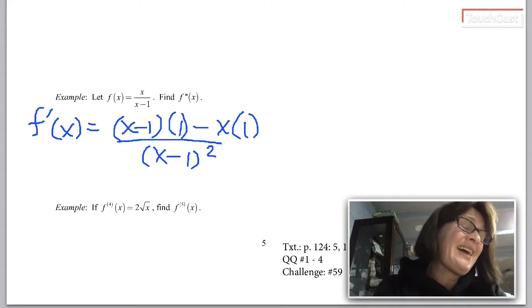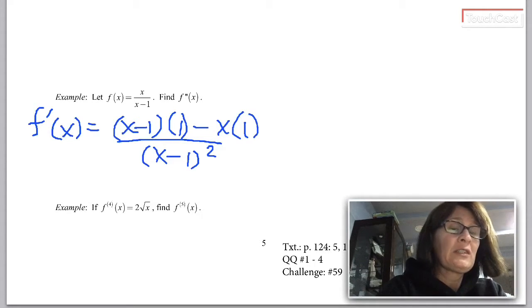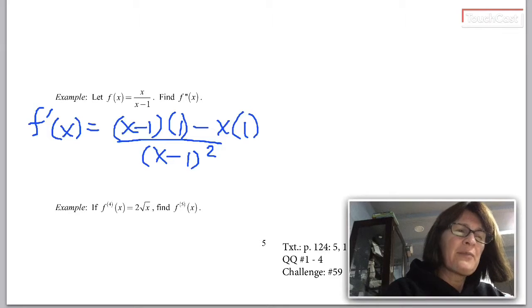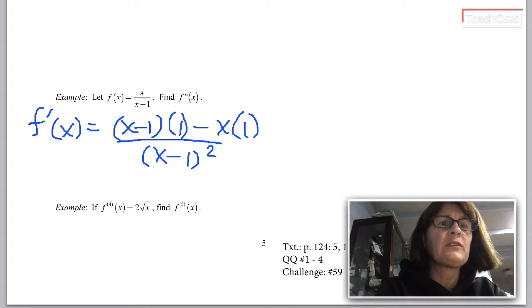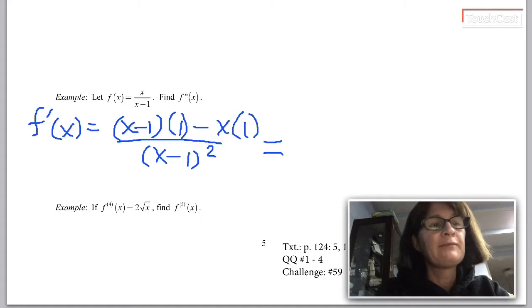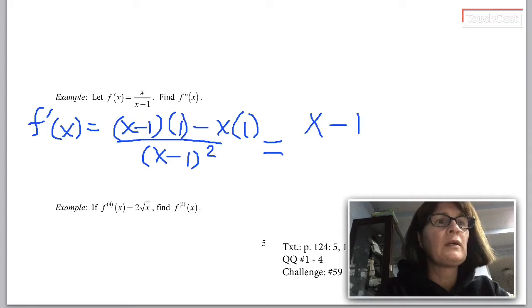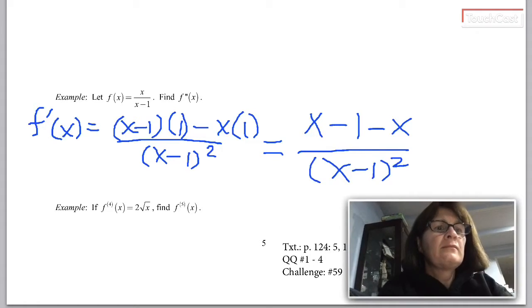I make a big deal about not needing to simplify your answers on the free response section. Just notice it's going to be a giant mess to try to take the second derivative if I don't stop and simplify this expression. So I'm going to recommend very strongly that we first simplify this. I'm going to distribute the 1. So x minus 1 minus x over x minus 1.